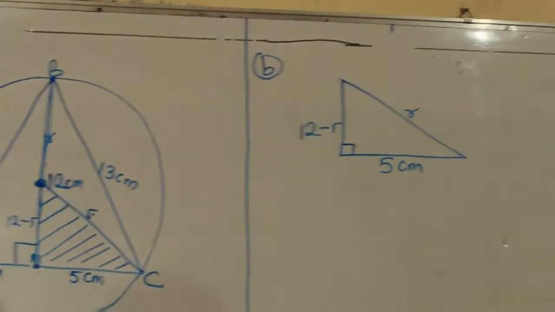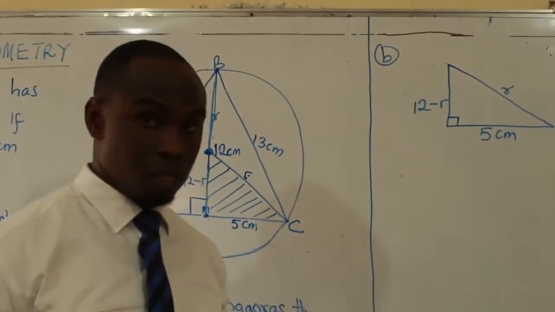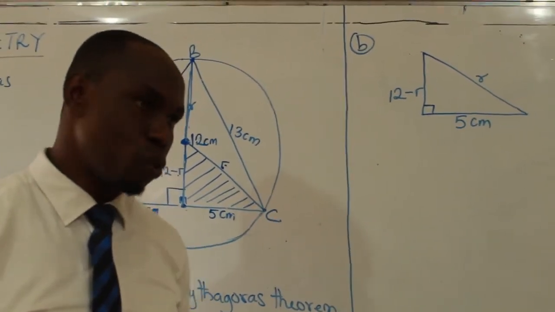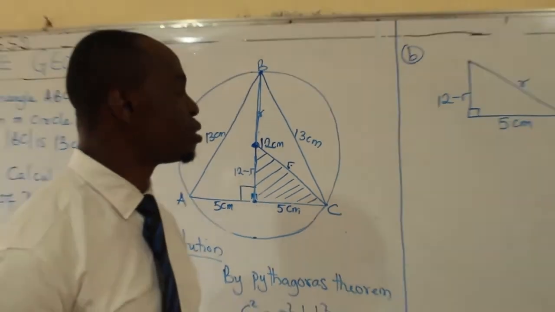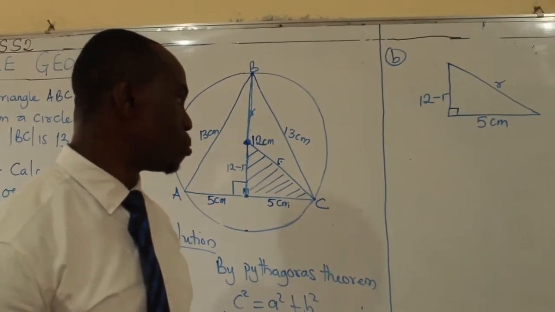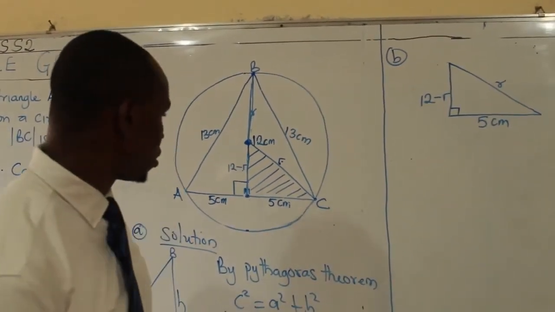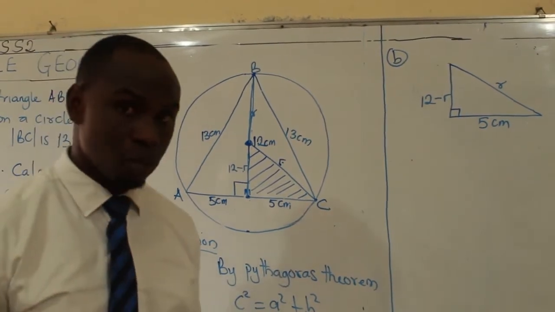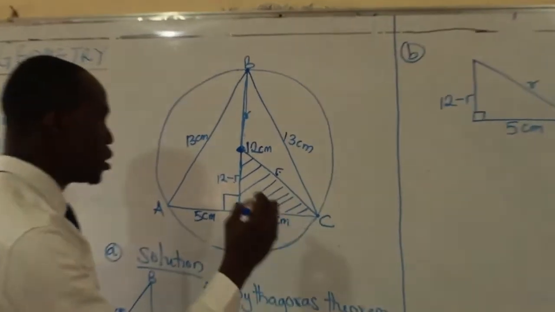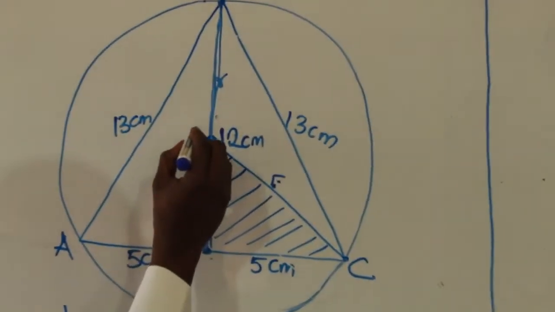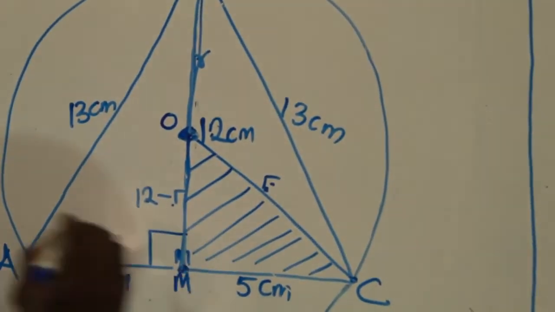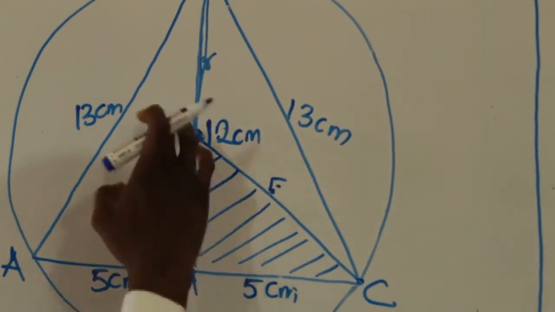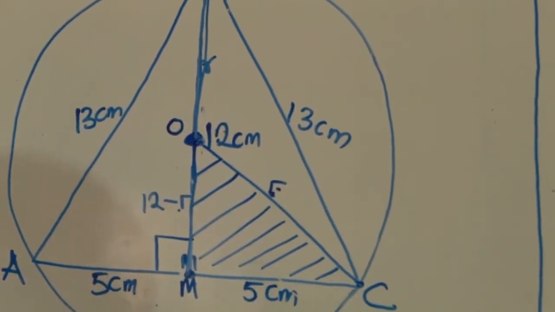The radius will be found using the same Pythagoras theorem, which says that the square of the hypotenuse is equal to the sum of the squares of the other two sides. We don't have letterings for this one, except students who would want to include a letter here as O, so that you can have it as OC and N.